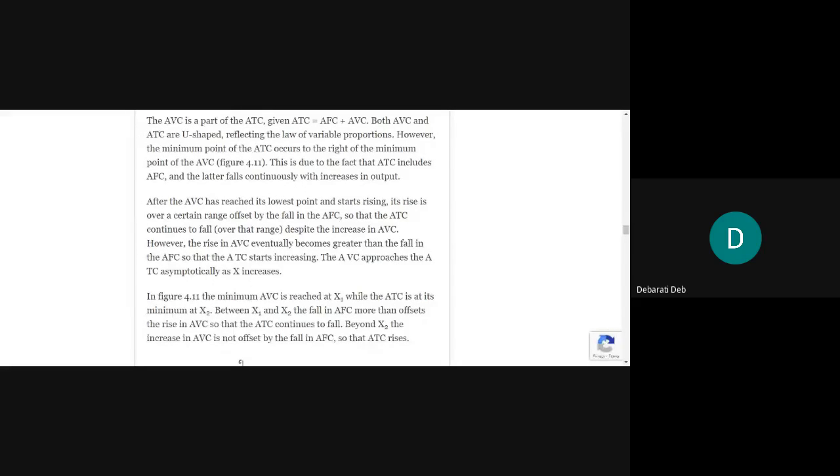Now this is the rise in the AVC curve. Now come to the U shape AVC curve.